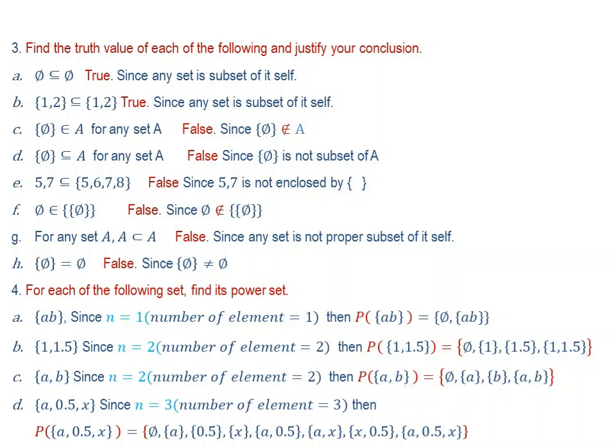Therefore, the power set of the given set A, 0.5, x will be the empty set, the set containing A, the set containing 0.5, the set containing x, the set containing A, 0.5, the set containing A, x, the set containing 0.5, x, and the set containing A, 0.5, x.